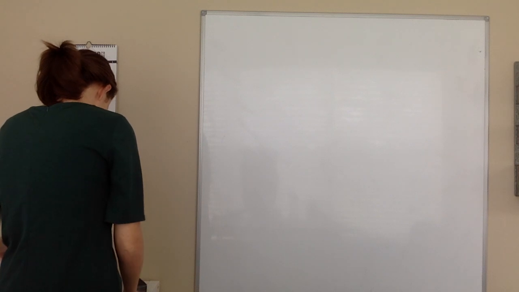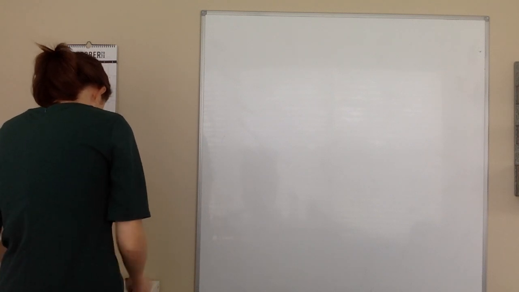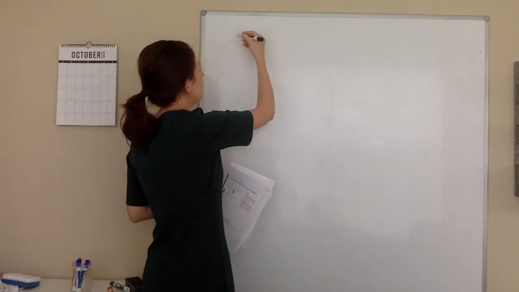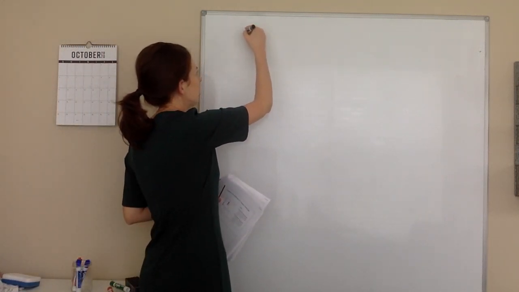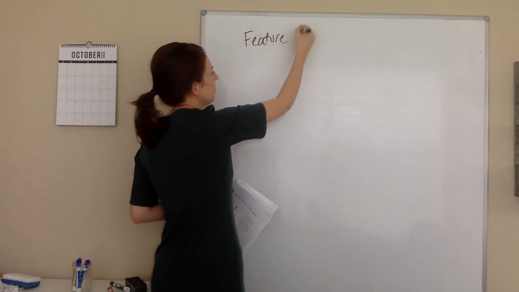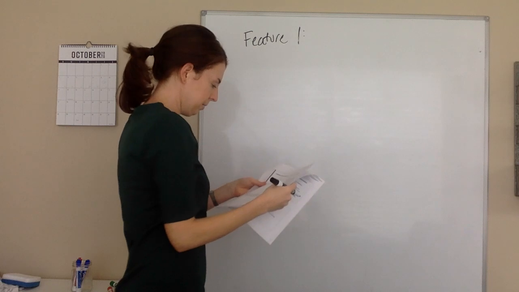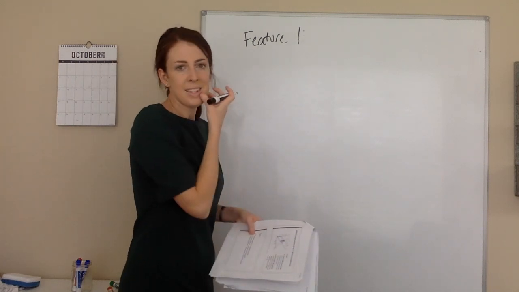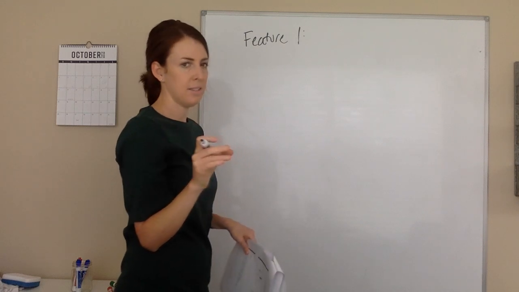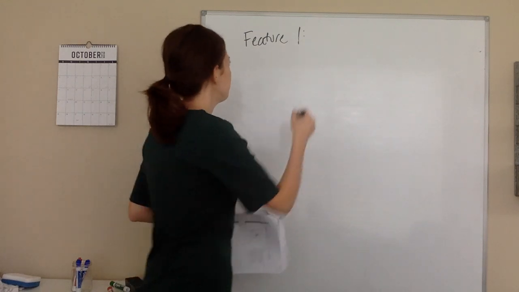Okay, the reason I note that is because the first feature of taxes, we'll call it feature 1, is that the tax burden in a market is going to depend on relative elasticities. So we're going to put this in our notes and then I'll explain.